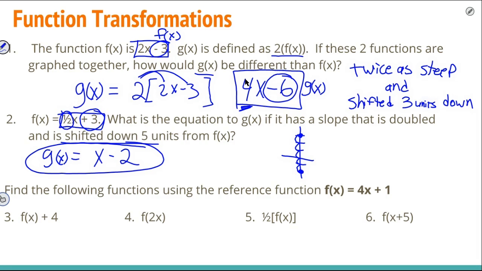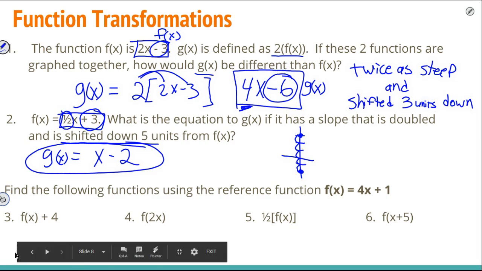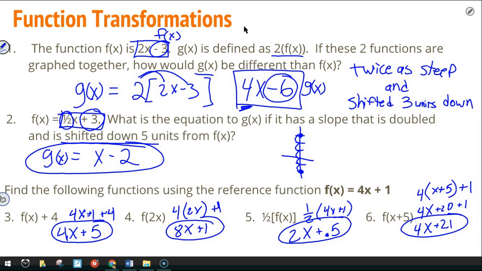The last 4, I'll give you the answers really quick. Number 3, we have f of x plus 4. That's just 4 being added to the end of the equation, which is going to add 4 to the y-intercept to make it 4x plus 5. Number 4, 8x plus 1, we're doubling the x alone, which would make just the slope go up by a factor of 2. Number 5, we're halving the entire function, so 2x plus 0.5.